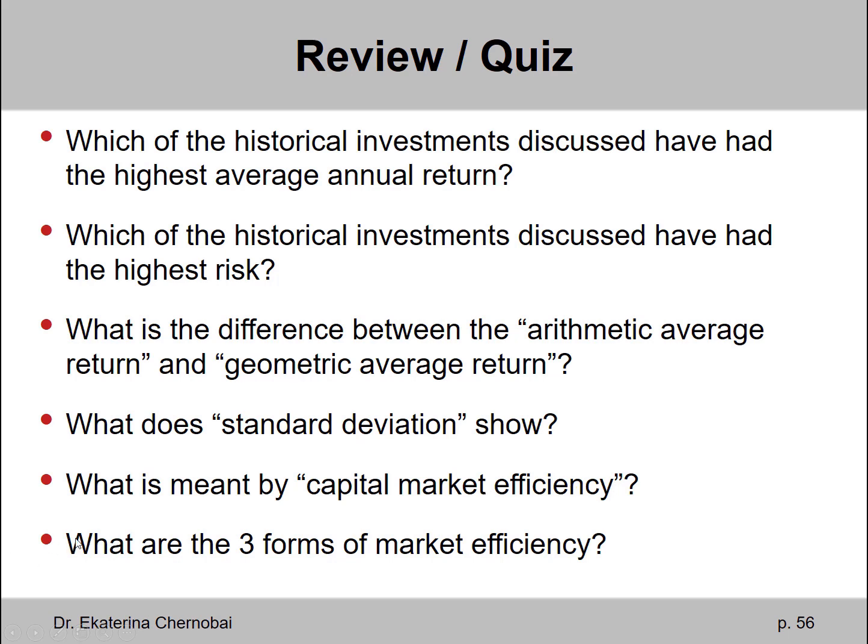And the last bullet point is, what are the three forms of market efficiency? The three forms are weak form, semi-strong form, and strong form. Weak form efficiency means that the information that's reflected in stock prices only reflects historical information about the company.